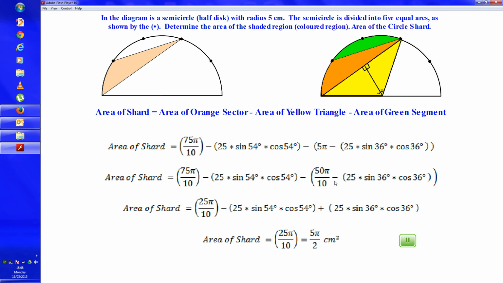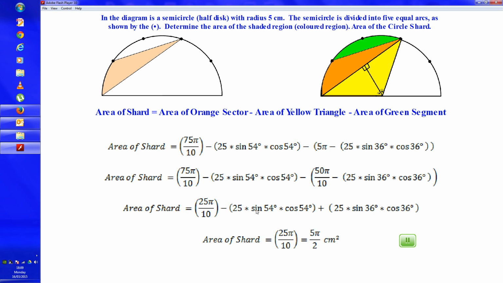So what we can do is subtract the 50 pi upon 10 from 75 pi upon 10. We get 25 pi upon 10 minus 25 sine 54 cos 54 plus, simply because minus minus is a plus, 25 multiplied by sine 36 multiplied by cos 36 degrees.